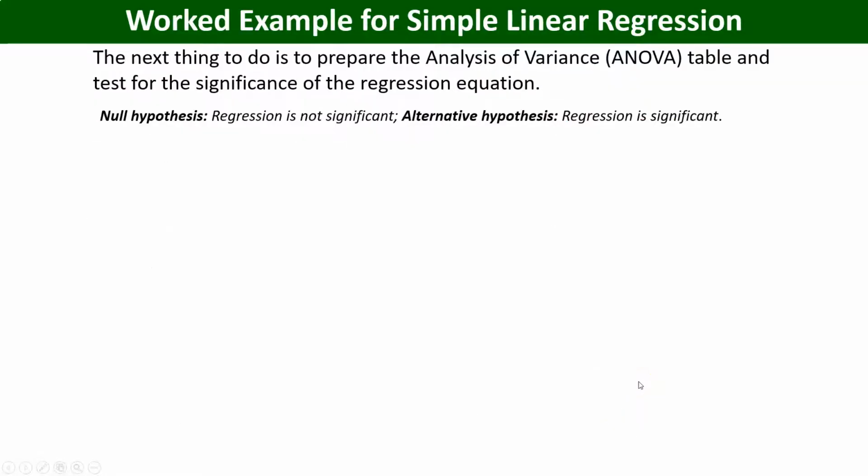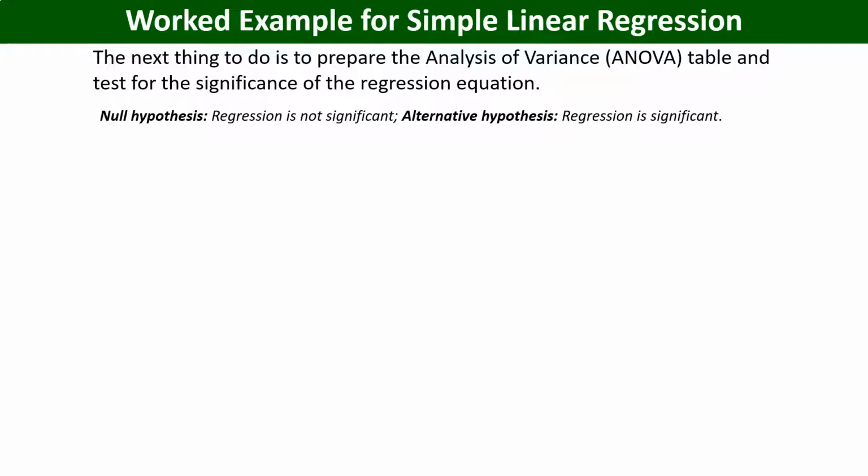So from there, the next thing to do is to prepare the ANOVA table, analysis of variance table, and then we'll test for the significance of the regression equation. Now, before we compute the ANOVA table, we need to specify the hypothesis we want to test. And so in regression analysis, the null hypothesis is usually that the regression is not significant.